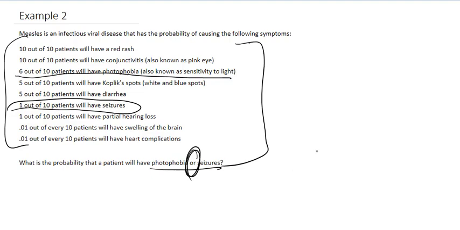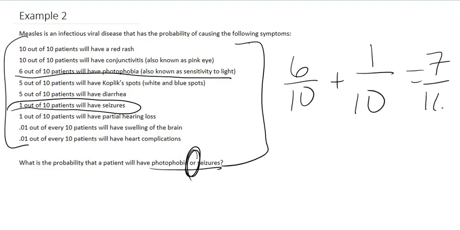So we have 6/10 plus 1/10. And this will equal 7/10. And now this number is reduced, so we can say that there is a 7 out of 10 chance that the patient will have measles and will experience photophobia or seizures.